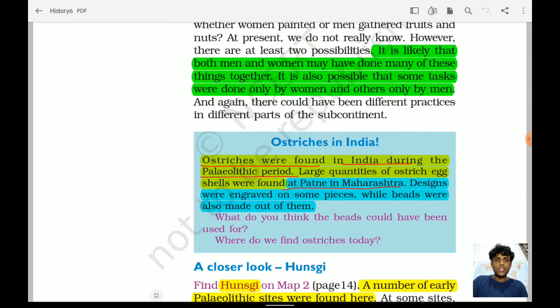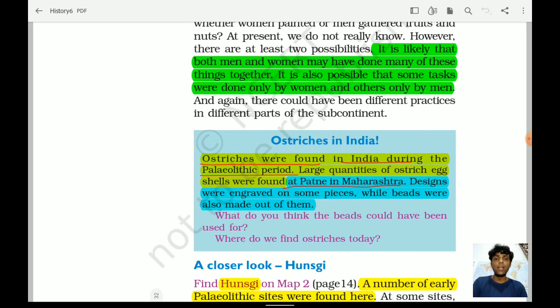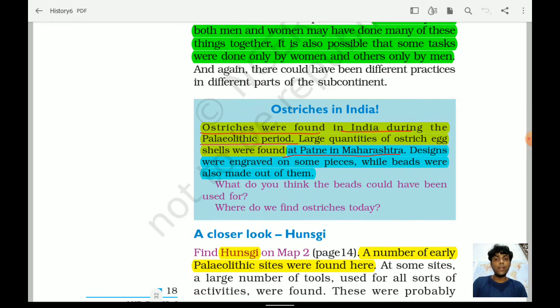So, ostriches in India. This is an important fact for examination purposes: were ostriches available in that period in India? Yes, ostriches were found in India during the Paleolithic period. So it is also defining the period in which the ostriches were available. Large quantities of ostrich egg shells were found at Patna in Maharashtra.